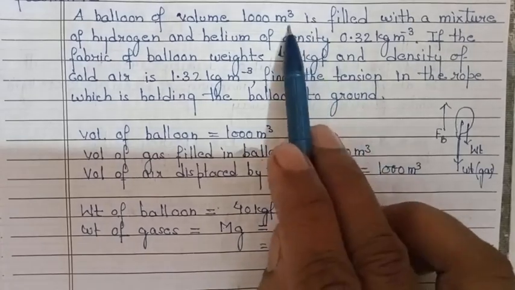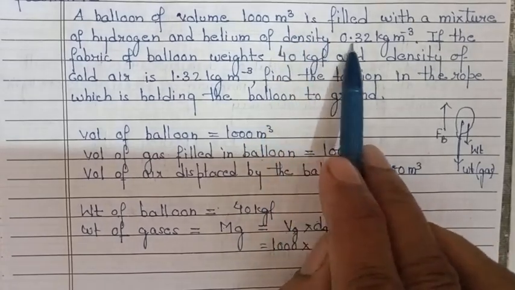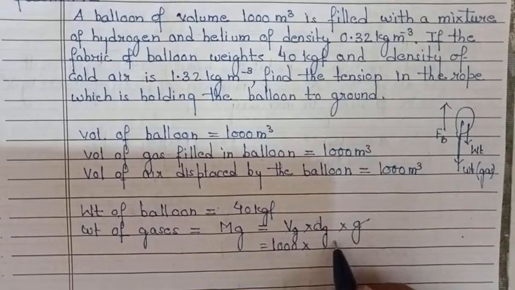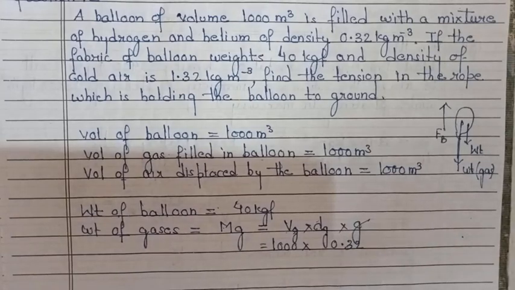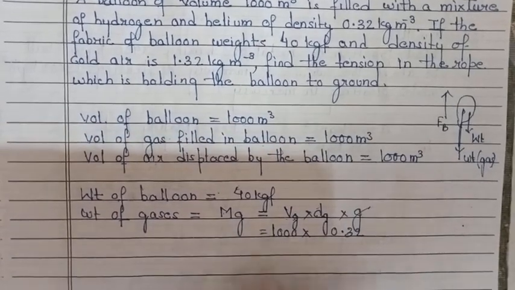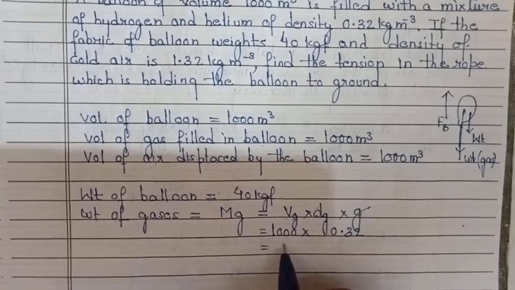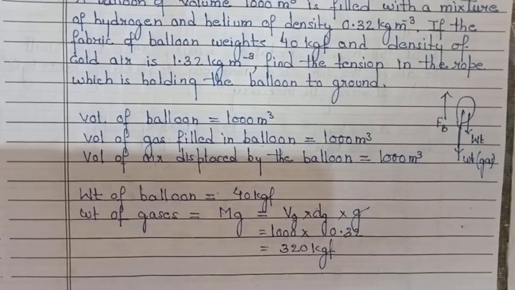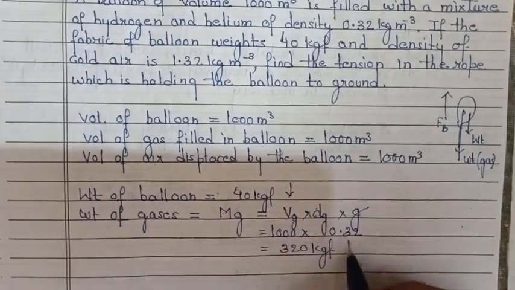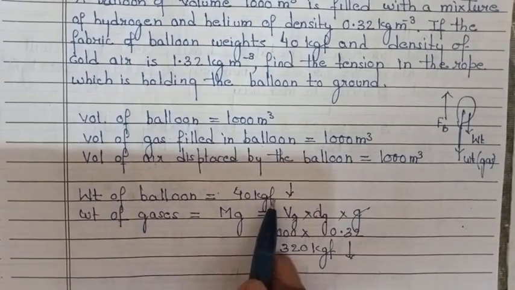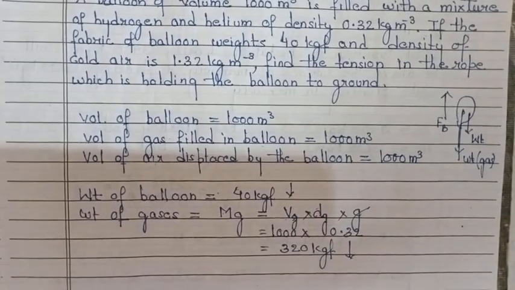You can see the density of the gas filled is 0.32. Now we are not using the value of gravity, so that means the answer is going to be in gravitational unit. So when you multiply it, it is 320 kgf. So we have got these two forces, and these two forces are acting in the downward direction.